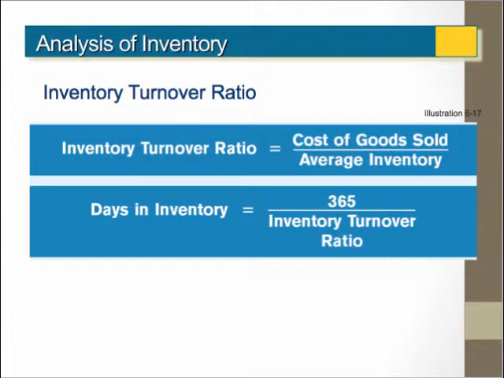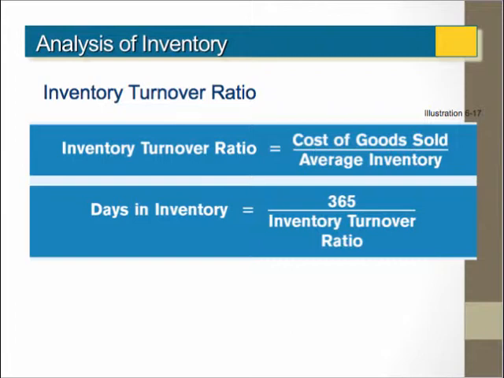A restaurant with a very low gross profit percentage will require a higher turnover in order to ensure a profitable operation, whereas a restaurant with a higher gross profit percentage will not require as much turnover in its tables in order to be profitable.